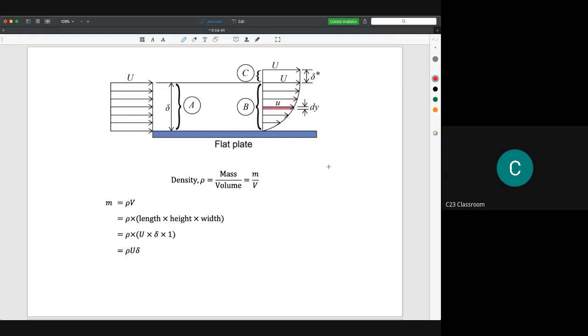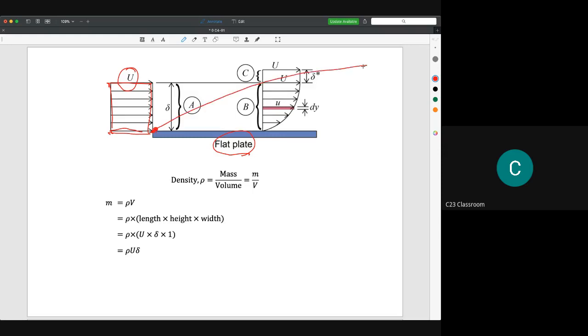For example, we have a flat plate here, and there is a free stream velocity here. So it flows before the plate, and after a certain distance, it starts to touch the flat plate, and then it will create a boundary layer.